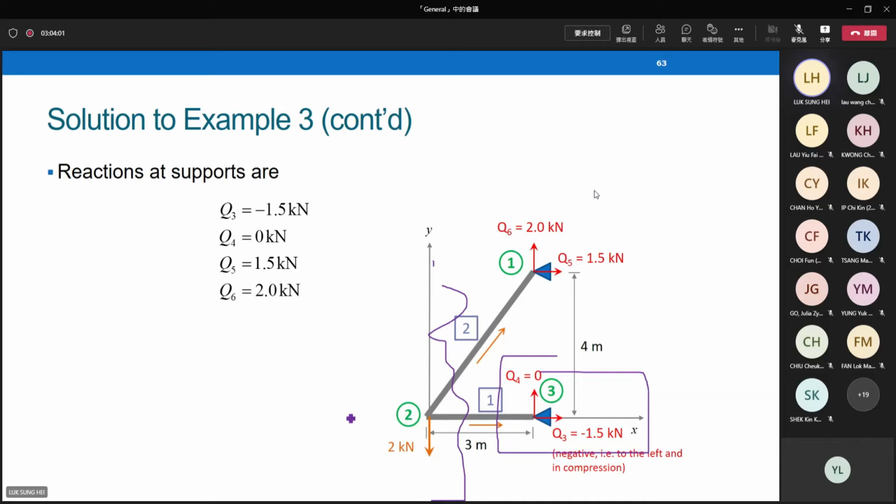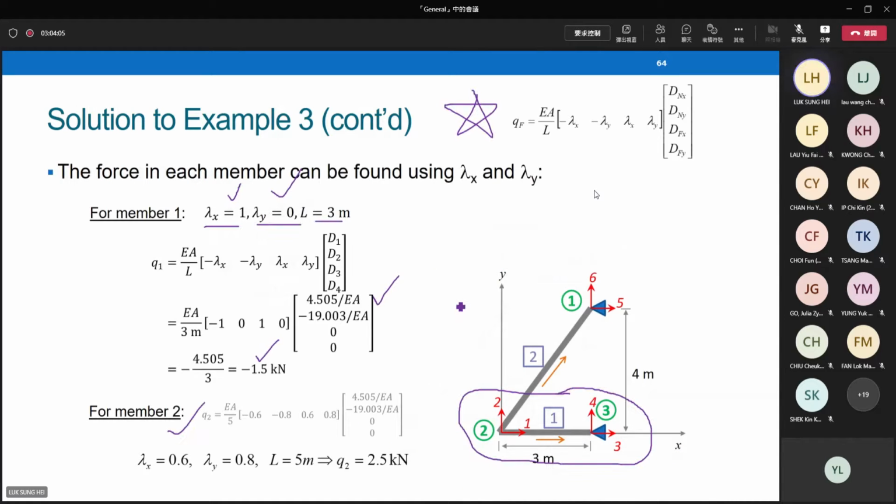They are also correct. That is what I want to mention. You can use joint equilibrium, method of sections, or if you like, you can use this matrix method to find out the actual force. Negative for number 1, positive for number 2. Negative means compression, positive means tension.